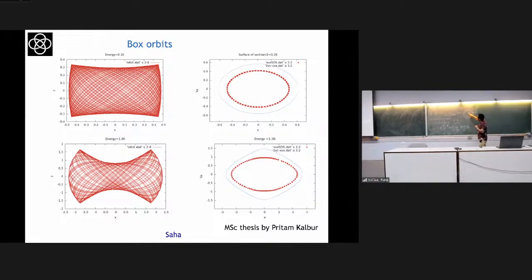At this radius r naught, we have an effective potential which would vary with radius. So what can you do here? We formulate the equation of motion in terms of an equation of motion of a small displacement along the circular orbit.